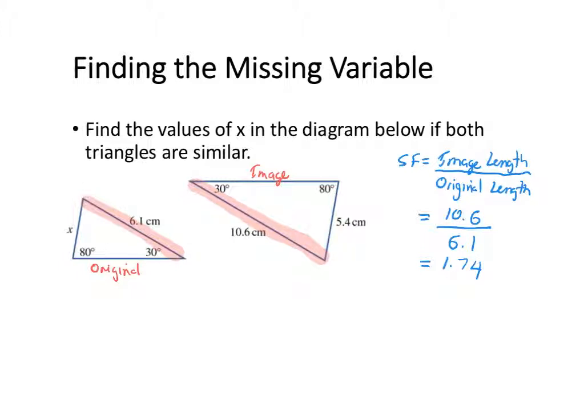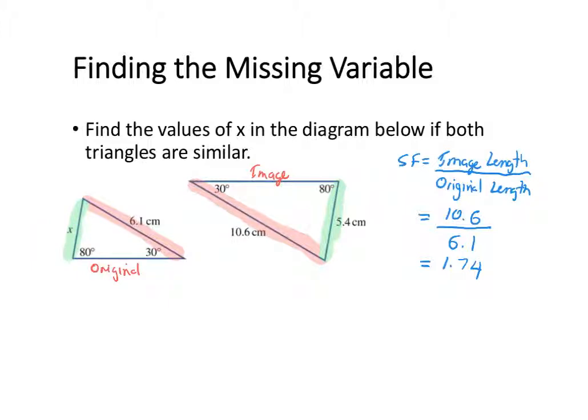So now that I know my scale factor, I can go ahead and calculate my value for x. And with my value for x being on my first triangle or my original triangle, I am going to need to divide the corresponding side from my image object by the scale factor. So that corresponding side is going to be 5.4, which corresponds to x.